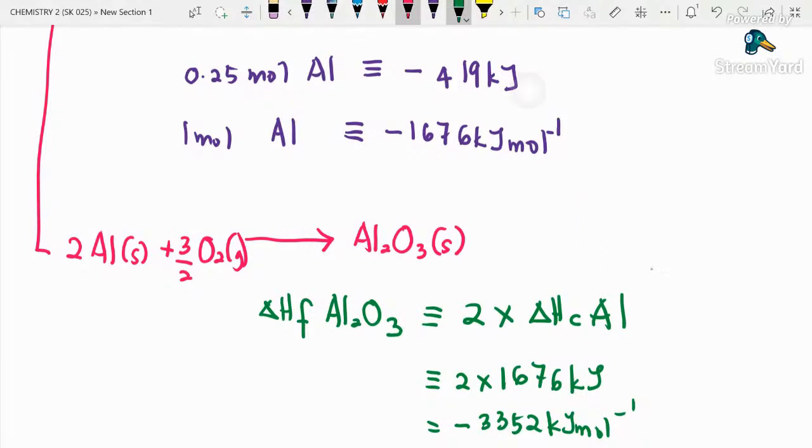So the answer delta HF is equal to negative 3352 kilojoule. We can accept it as negative because the enthalpy of formation is a heat change, it can be positive or negative.